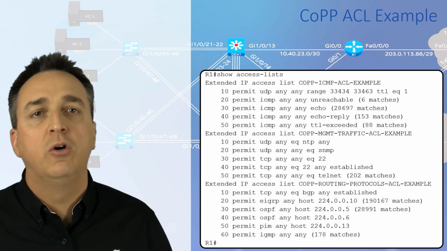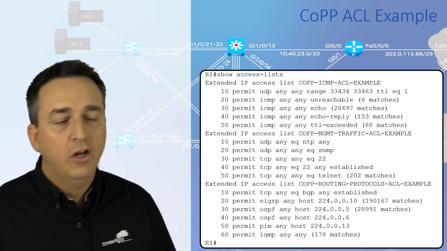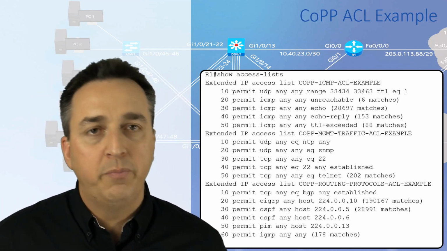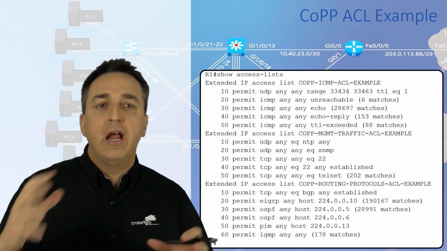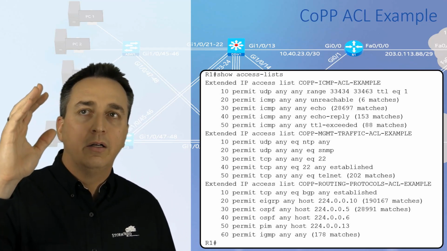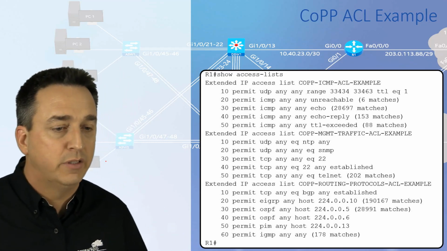So there's no single perfect solution for everyone when it comes to control plane policing. So the things I have to point out for you for the certification exam are going to be things that are just generic in nature. That way you have the opportunity to configure, verify, and troubleshoot control plane policing on the certification exam.